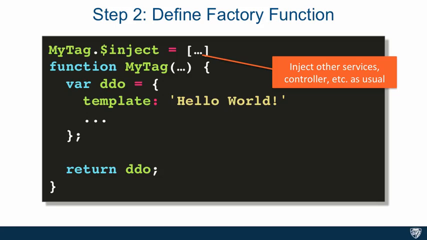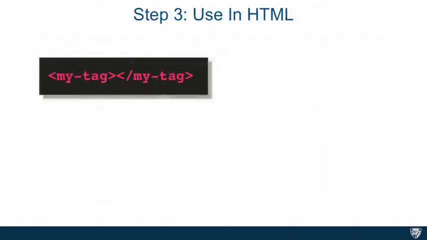The most important thing about this function is for us to return our DDO, the directive definition object. The directive definition object consists of multiple properties that are defined in the AngularJS documentation. The template property defined here is just an example and it's not a required property. However, in this example, every time we use myTag in our HTML, the words hello world will be displayed to the user. The third and final step is obviously to use the tag in our HTML.